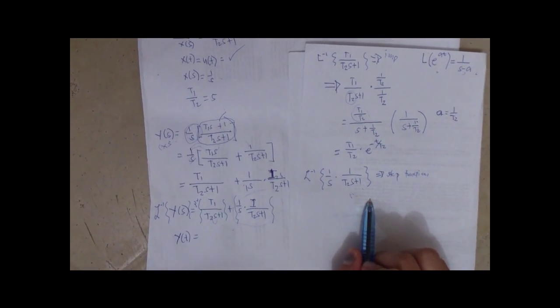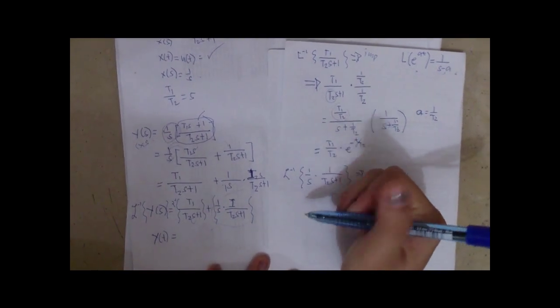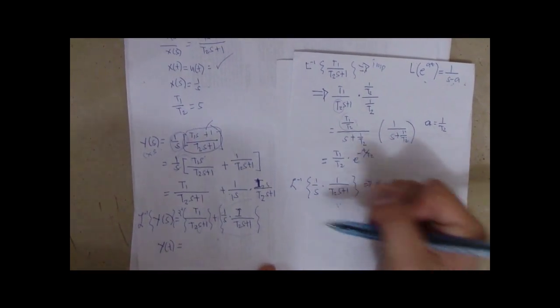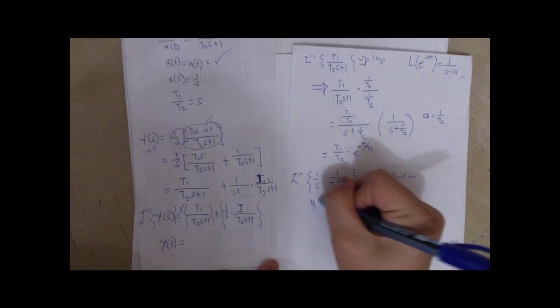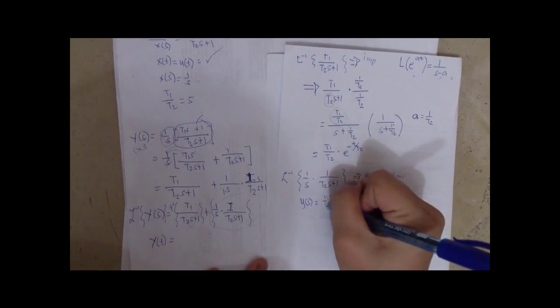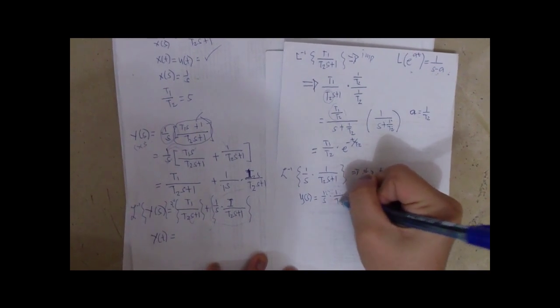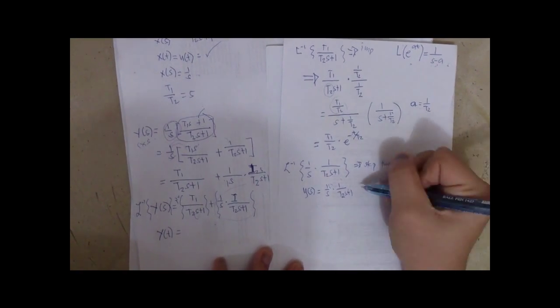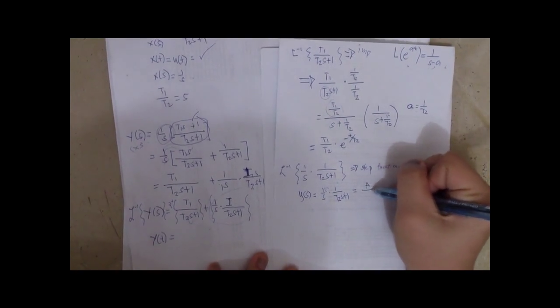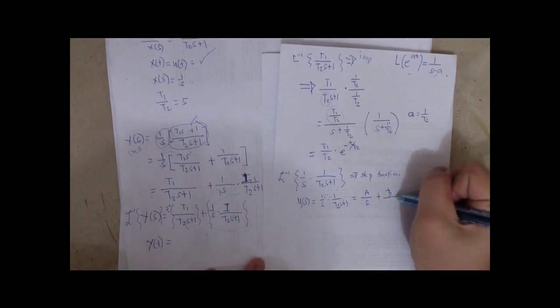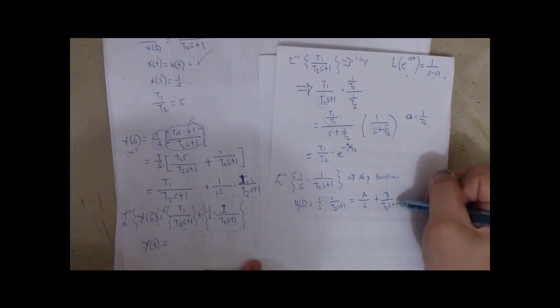The first step is to apply partial fractions: Y(s) equals 1 over s times 1 over (T2 s plus 1) equals A over s plus B over (T2 s plus 1).